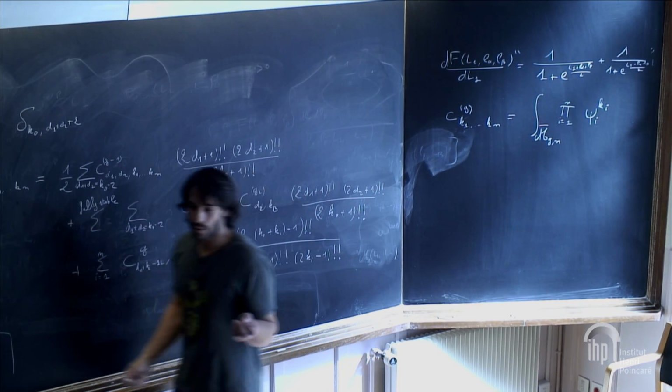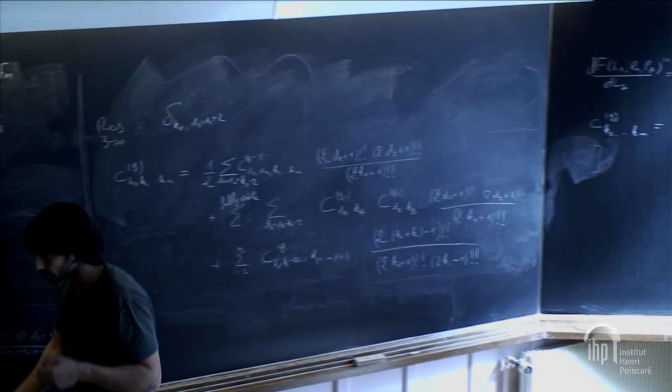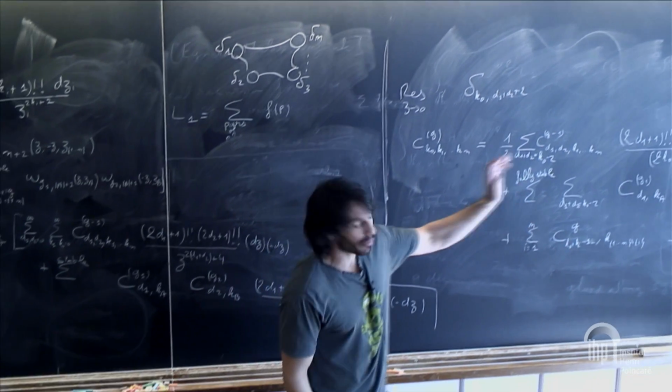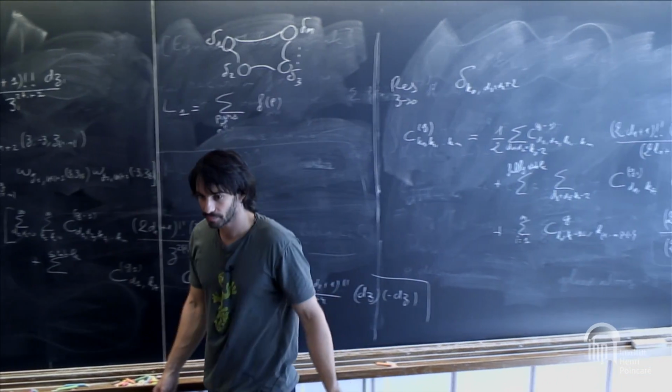And I didn't want to have the double factorials here. So in particular, if g equals 0, these are multinomial coefficients.